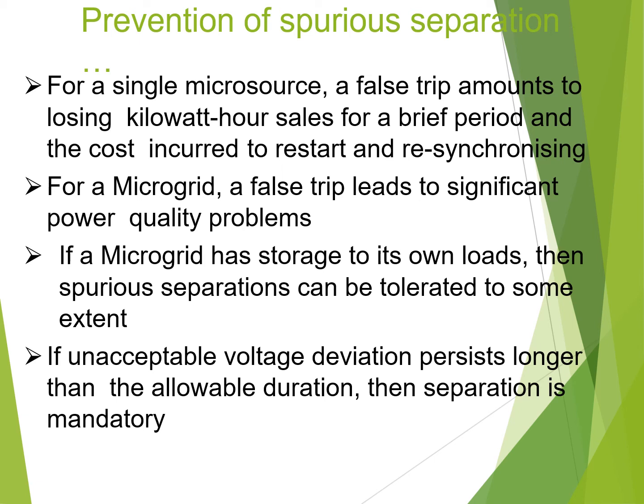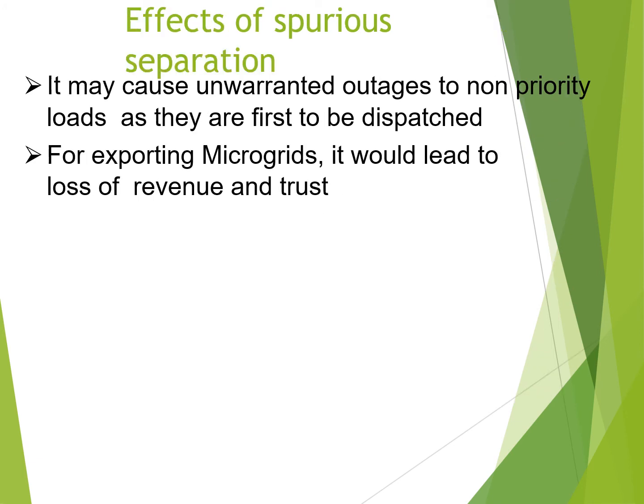If unacceptable voltage deviation persists longer than the allowable limits, then the separation is mandatory. The effects of spurious separations are unwarranted outages to non-priority loads, and for exporting microgrids, a loss of revenue and trust.